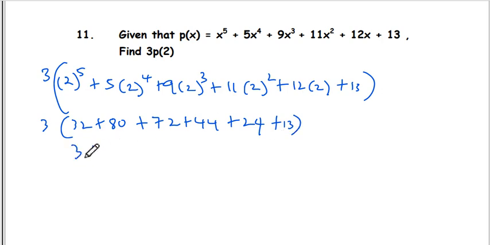When we sum up all this, 32 plus 80 plus 72 plus 44 plus 24 plus 13, we have 265. So 3 multiplied by 265 gives us 795. So that's the answer.